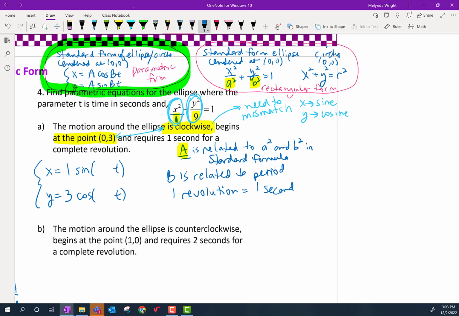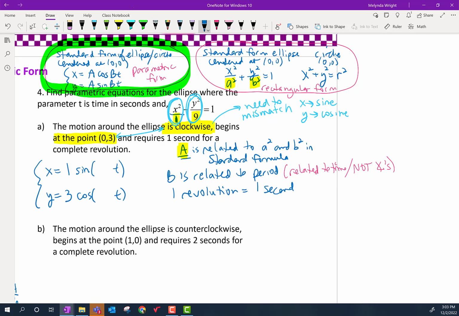Our period in parametrics is related to time, not angles.